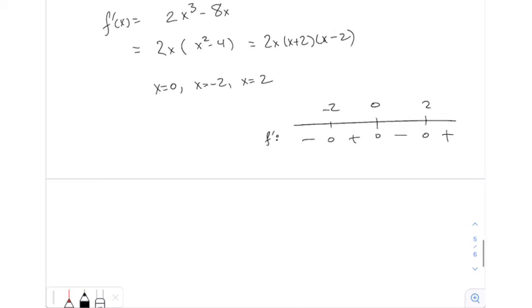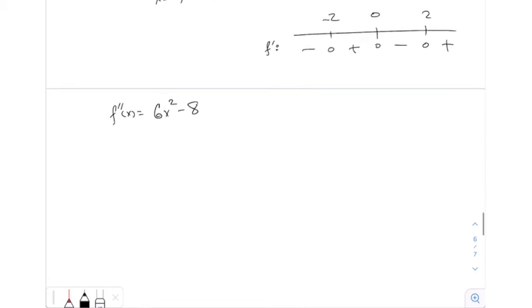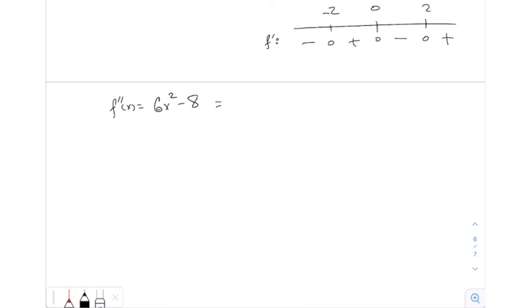Now I do the second derivative. Take the derivative of 2x cubed, it is 6x squared minus 8, right? And you can't get too far by factoring, but you could factor 2 out, and what remains is 3x squared minus 4. And this is where these annoying numbers come in.